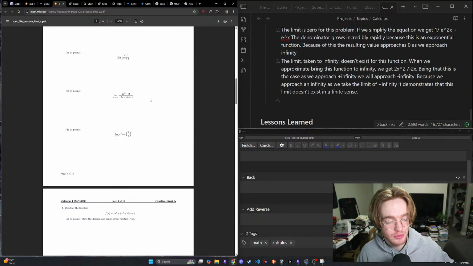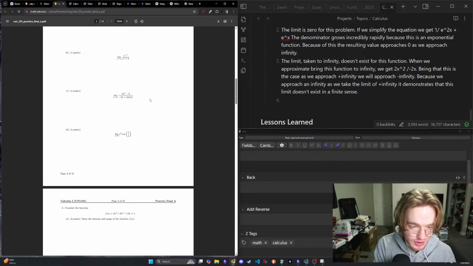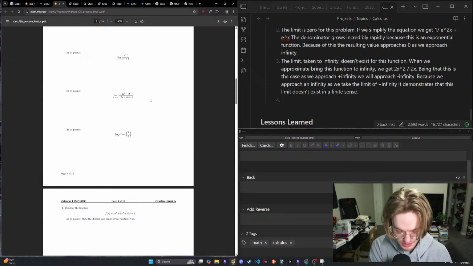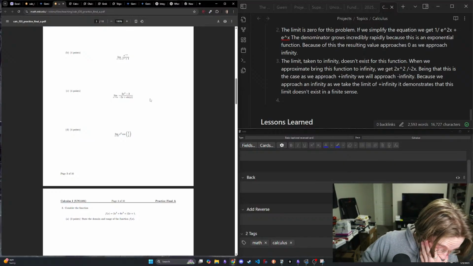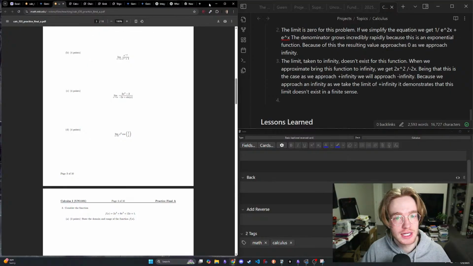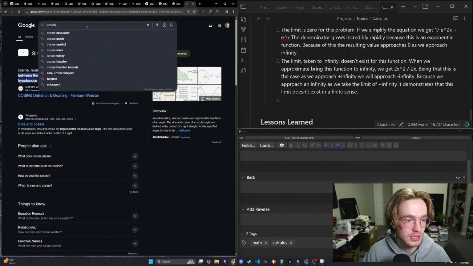Okay, so now I think we take the limit for us approaching 0 from the left and right side, because I believe the limit can still exist if those equal each other. So I guess the big issue we have here is, let's see, calculator.